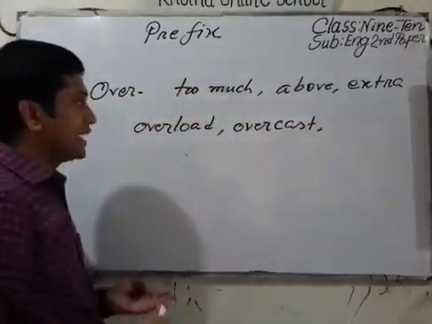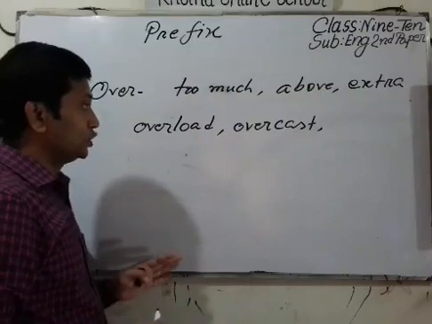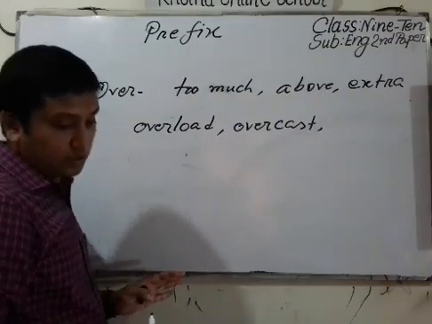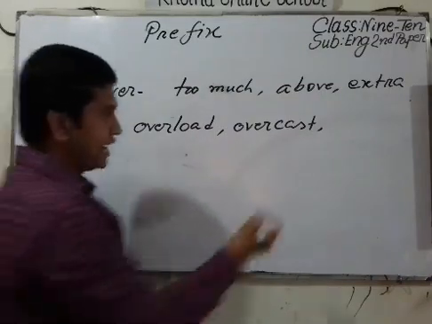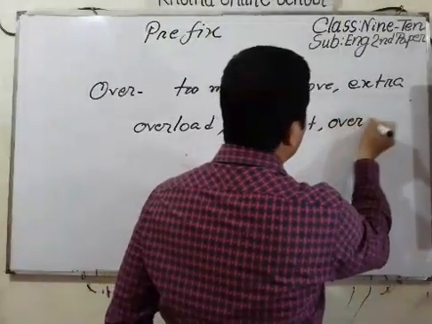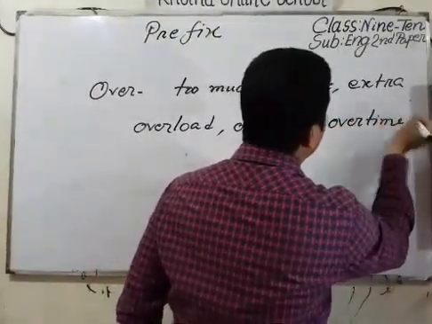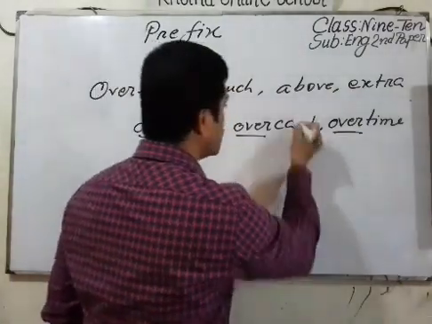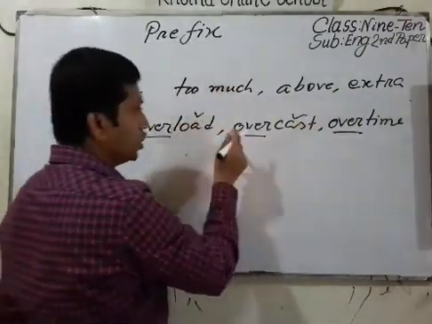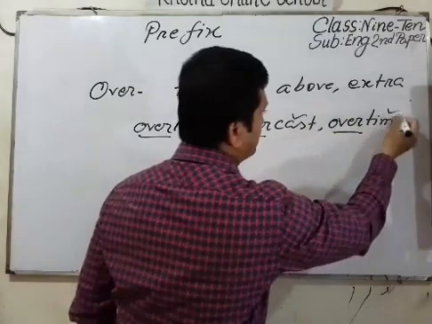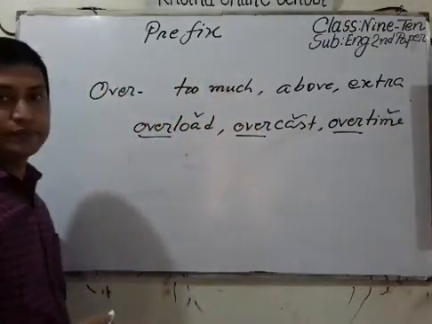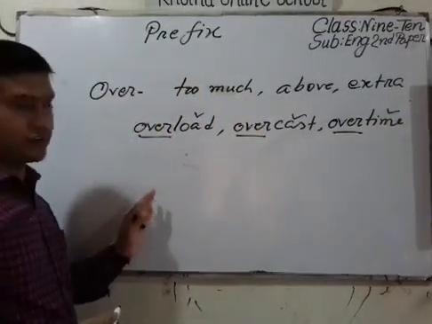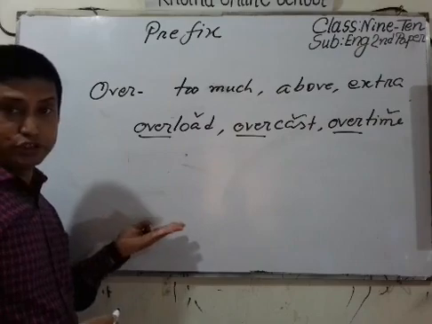And we can write another word, overtime. So we have added over here, with the root words load, cast, and time. Okay, got it? Have you finished writing? May I clean the board? Yeah.